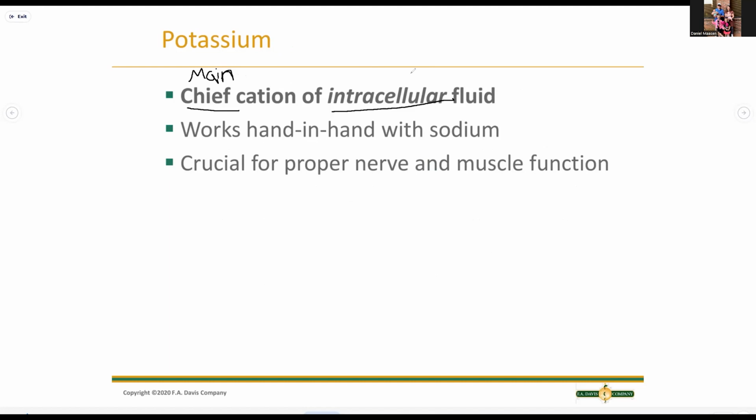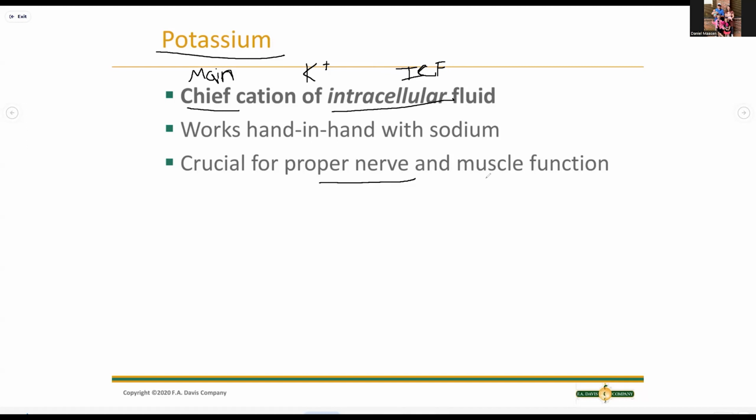Our main intracellular, I for inside, I for intracellular fluid, ICF, is potassium, chemical symbol K. It works hand in hand with sodium. They have a balance between each other.